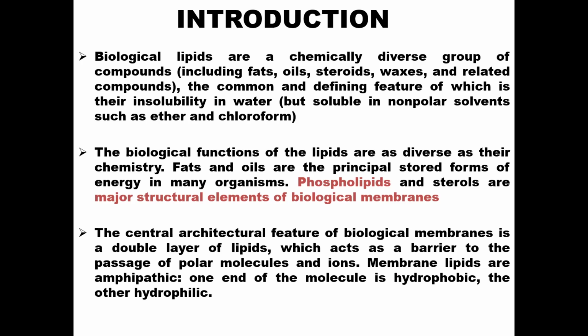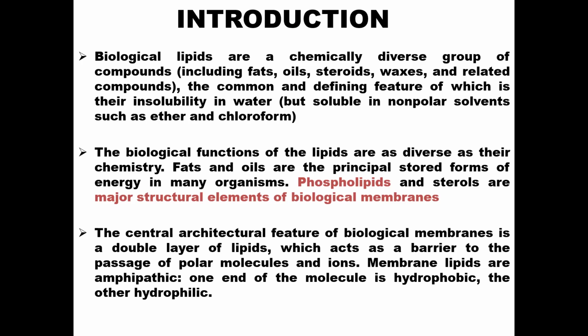This architectural feature of the double layer of the biological membrane allows it to regulate what goes into the cell and what comes out of the cell. We are going to be discussing that in our subsequent classes.